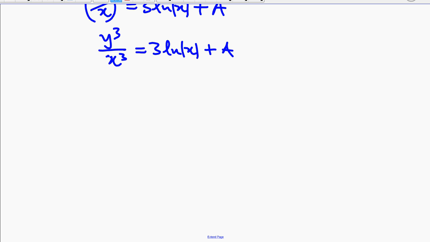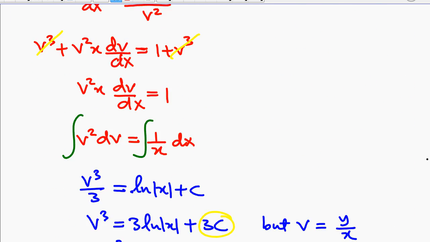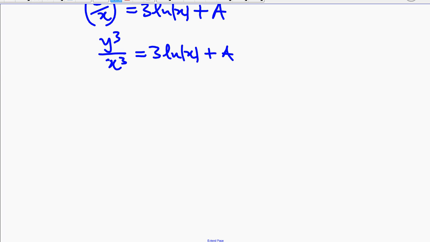You can go further and simplify further, but I'm going back to the initial condition that you're given, the boundary condition, or the known values that we have in the beginning. So let's plug them in here. So we'll say at x is equal to 1 and y is equal to 3. Maybe it's just easy to plug them in at this stage.